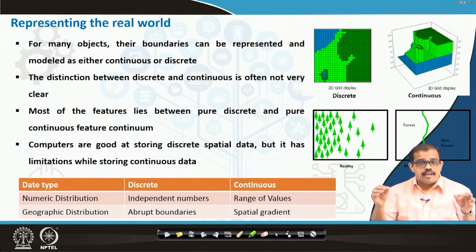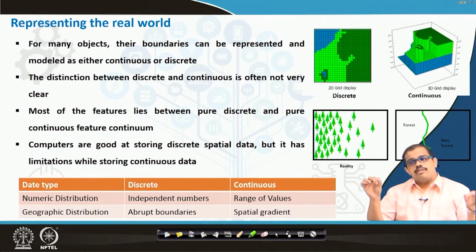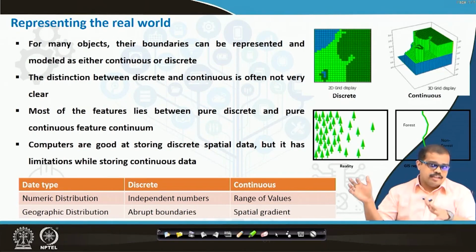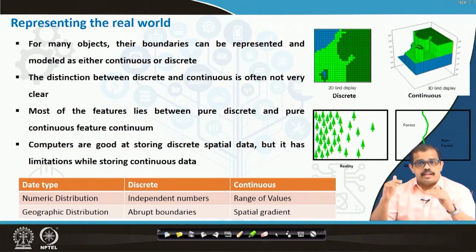You should look at something in between. So your database or data model should be able to handle both discrete data and continuous data in an effective way.